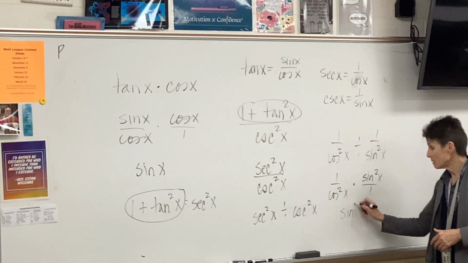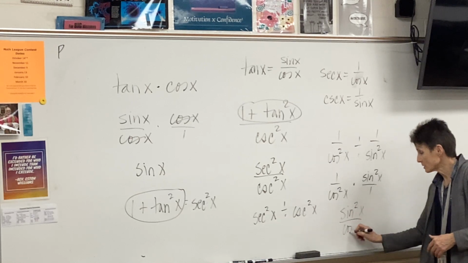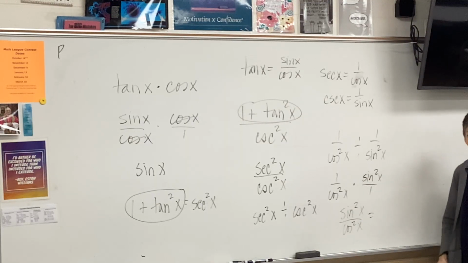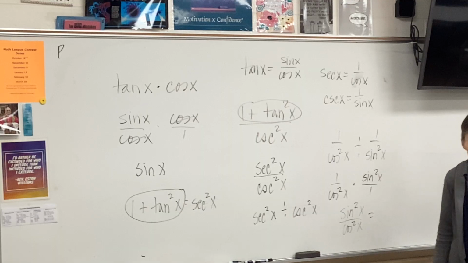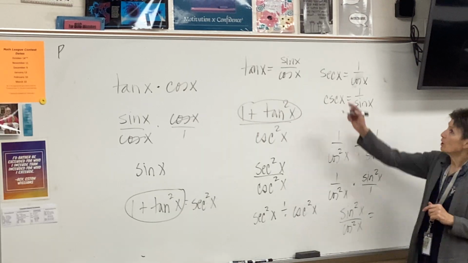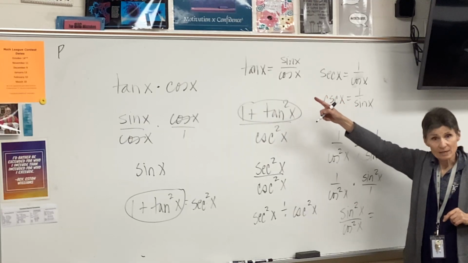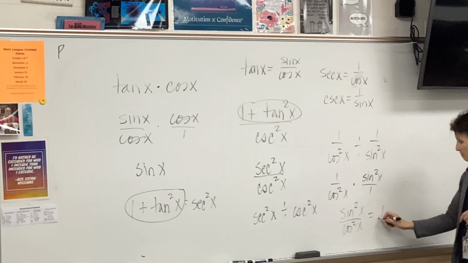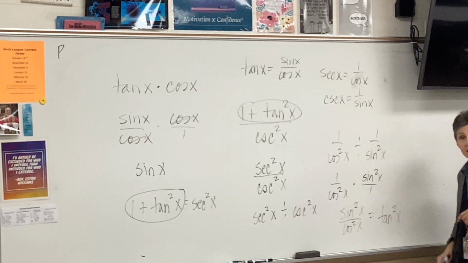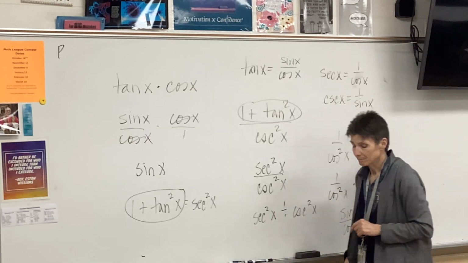So this is going to leave me with sine squared over cosine squared. Sine squared over cosine squared. Whoa, what's that? You wrote it on your sheet. What is sine over cosine? Sine over cosine is tangent. So this becomes tangent squared. Because they're squared, this becomes tangent squared.